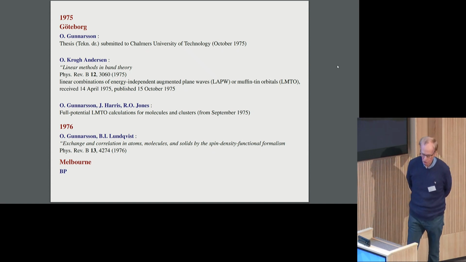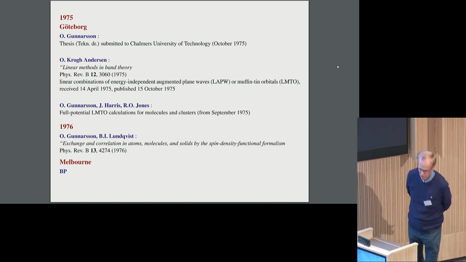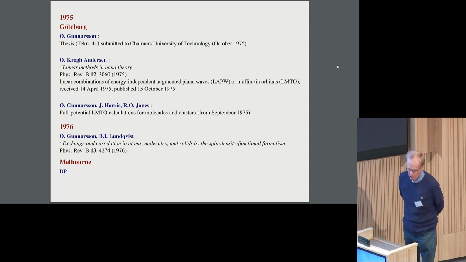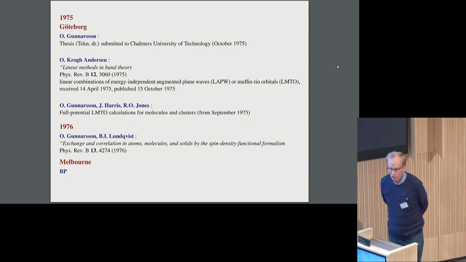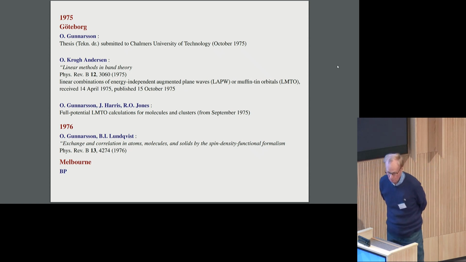In 1976, Ola Gunnarsson and Bengt Lundqvist published basically the content of Ola's thesis. And at the end of that year, I visited Melbourne, and I visited a university there, and I gave a talk about local density calculations in molecules.